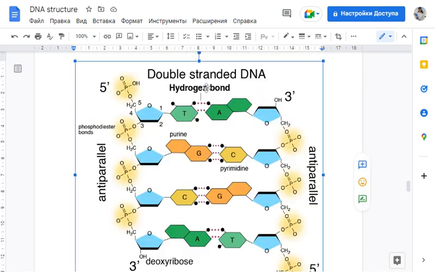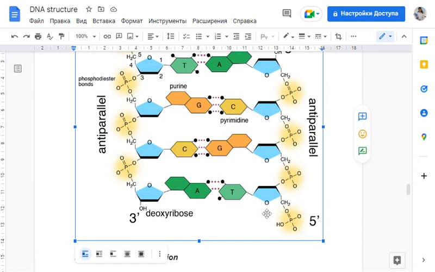Here you can see the double-stranded DNA structure, with its backbone, and the two backbones go anti-parallel to each other.